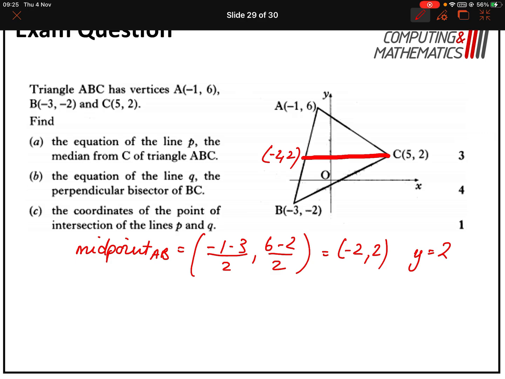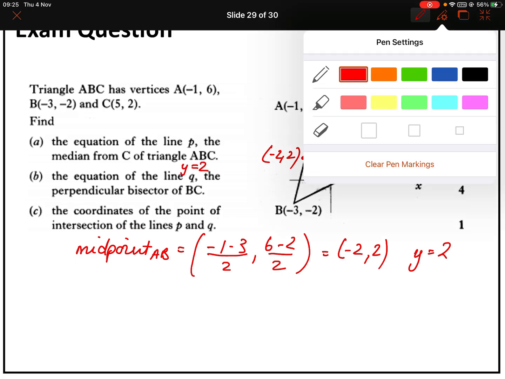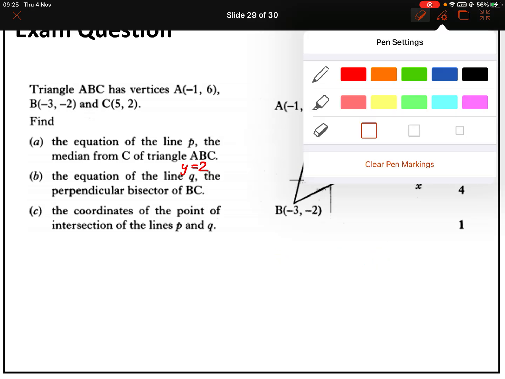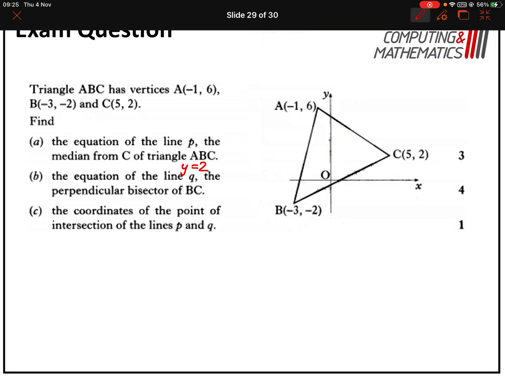Okay, so for part B, I want to find the perpendicular bisector. As you can see, it's worth 4 marks because there's 4 steps to it. Okay, so I want the perpendicular bisector of BC, so that means it's coming through like this. It's cutting it perfectly in two and it's meeting it at right angles.